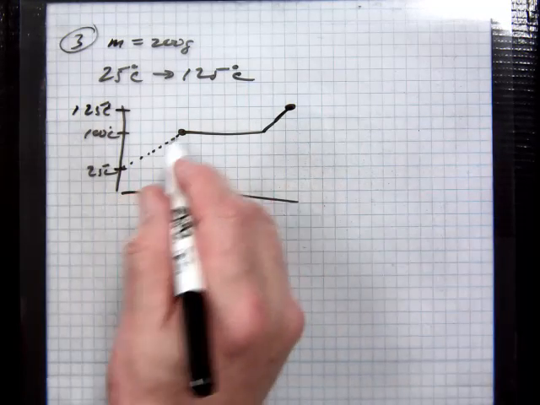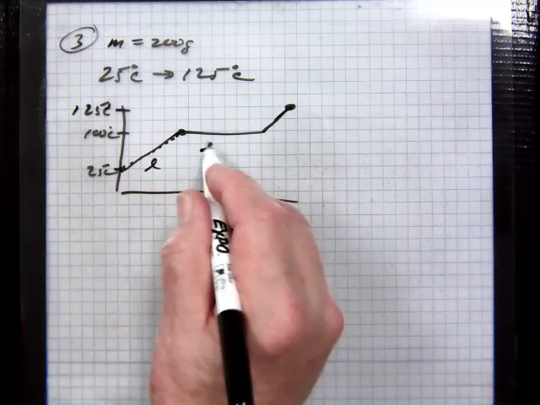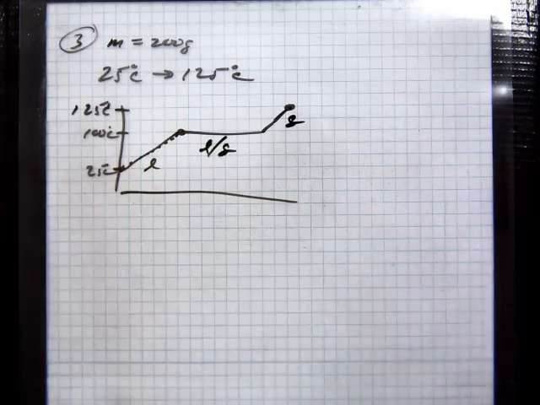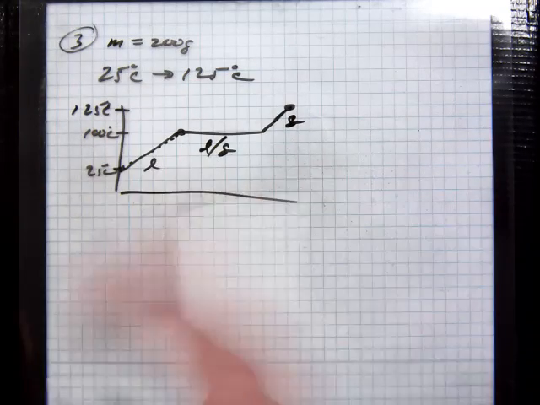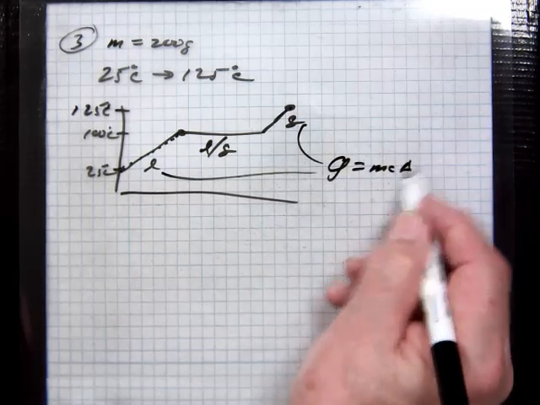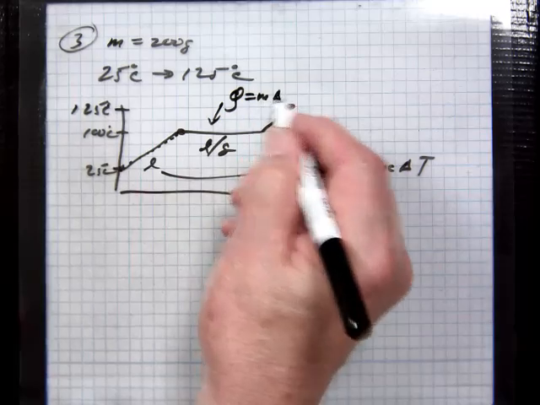So you have a liquid, and then you have liquid gas, and then you have gas warming. So you have three regions. Is that what you did? Yeah. So here and here, Q equals MC delta T, and this one is Q equals M delta H of vaporization.